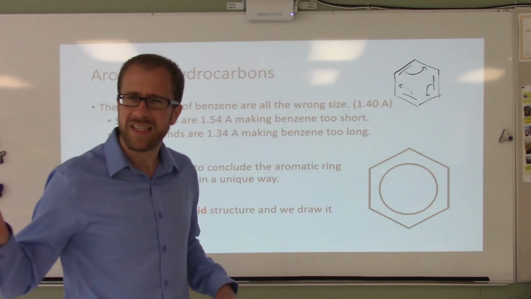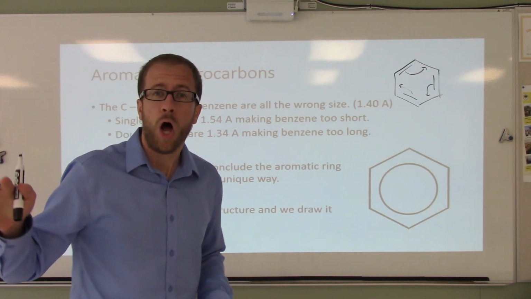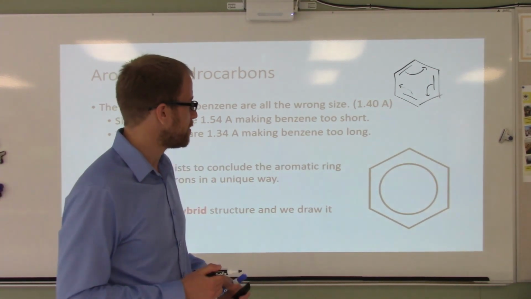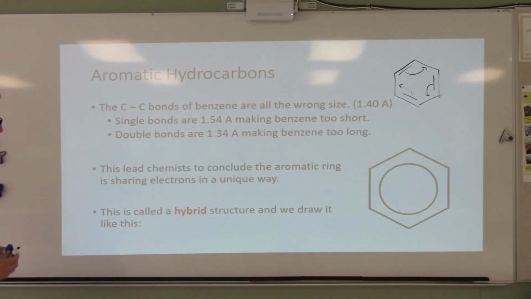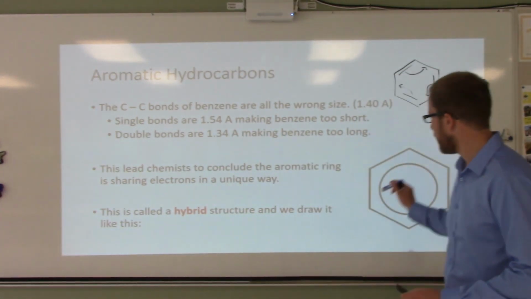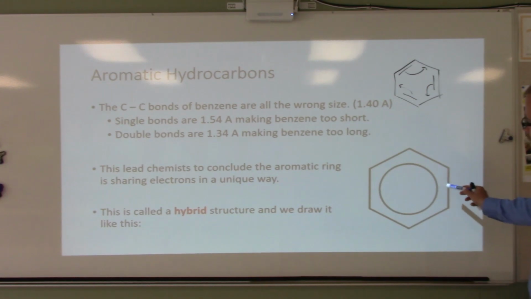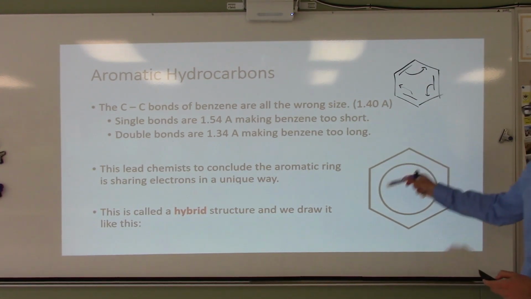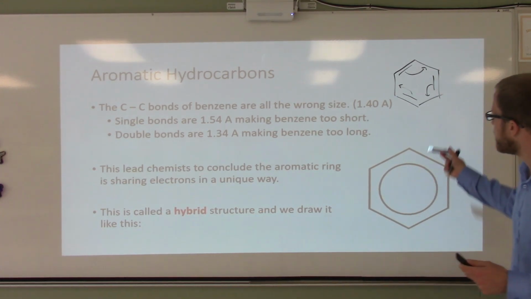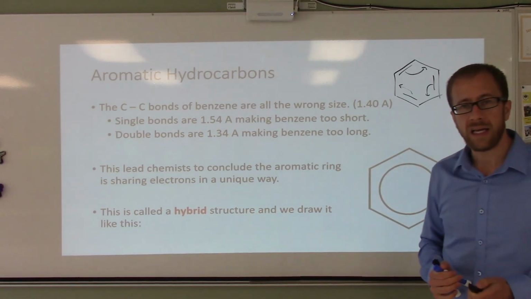If that doesn't really make sense to you, it's okay. You'll learn all about that if you take a university level chemistry class. Now, from this point forward, I will be representing benzene rings like this. So every time you see this inner circle, you know you're dealing with a benzene ring, right? They have these delocalized electrons.